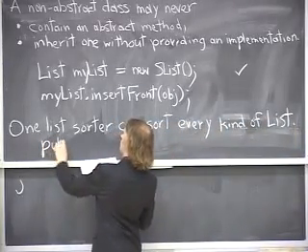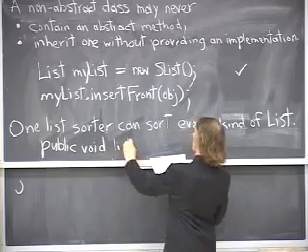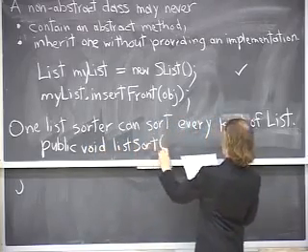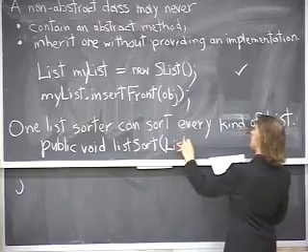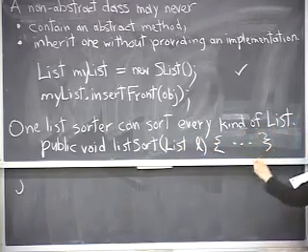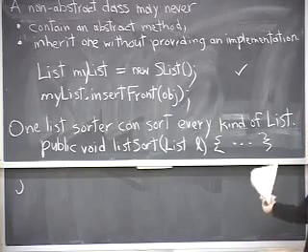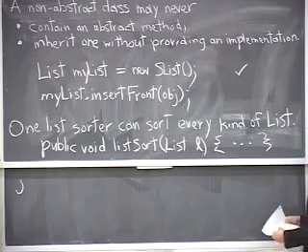And the way you do that is you write a list sort method that takes in a parameter of type list and then does its stuff by calling methods that all lists have, like insert front and length.